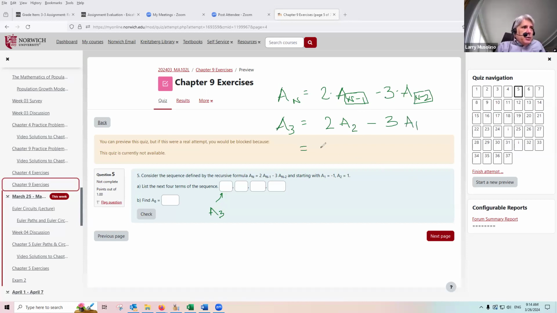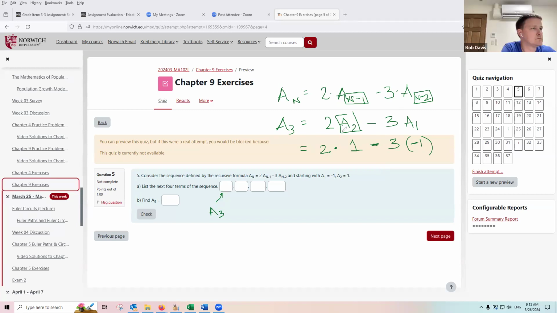So let's plug in the numbers they gave us. They told us a sub 2 is 1, and they told us a sub 1 is negative 1. Now, this is a little tricky. We've got to be careful here. For this expression, there's something called order of operations, and that says you should do multiplications first before you do any additions or subtractions. So let me do this multiplication. 2 times 1 is 2.